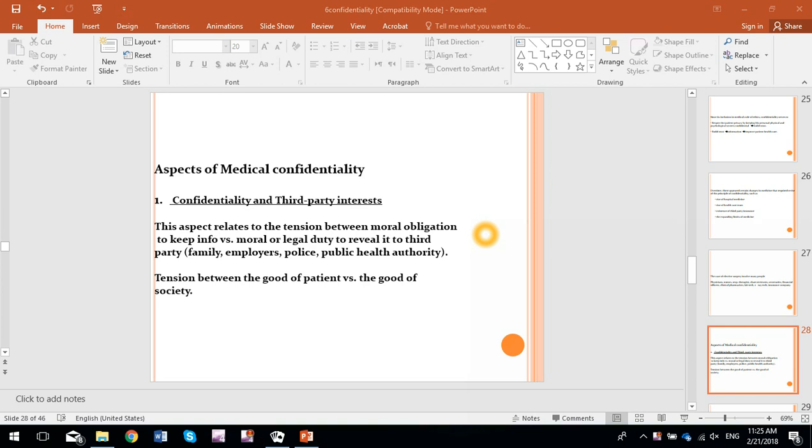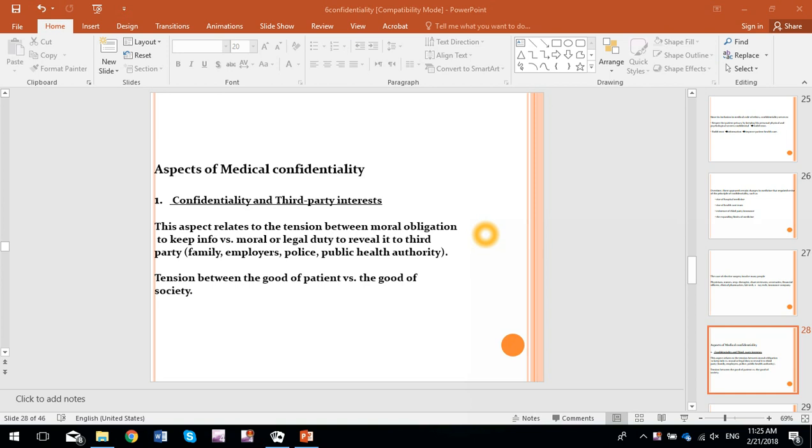Now, the police: in case of medical legal cases, if you are faced with an injury that could be medical legal, you need to inform the police about it. And you are legally bound. You cannot cover a case of injury that has a medical legal component without informing the police because you will be jailed if you don't do that.